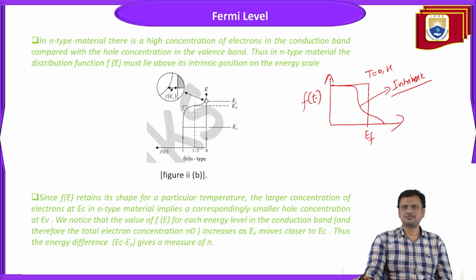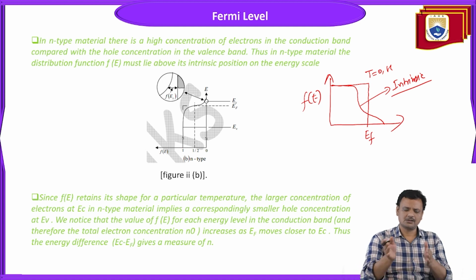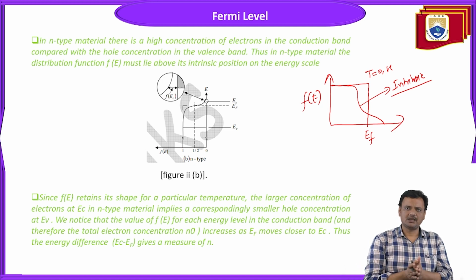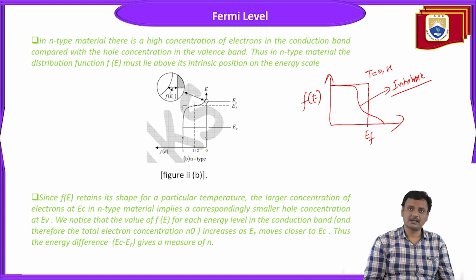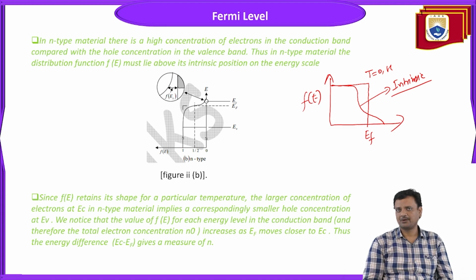Means you have to dope some fifth group element in an intrinsic type of semiconductor like germanium and silicon. So the effect of doping takes place, and due to that effect only the concentration of electrons in the conduction band will increase.